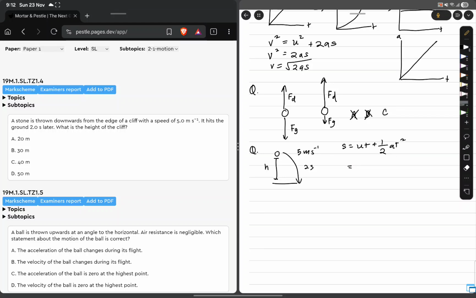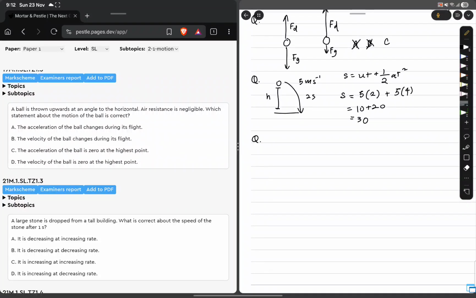So we're going to plug it in. That means u is 5, so 5 times 2, plus, I'll just put 5 as if we assume gravity is 10. 4, 20, so it's going to be 10 plus 20 is 30, which is B.